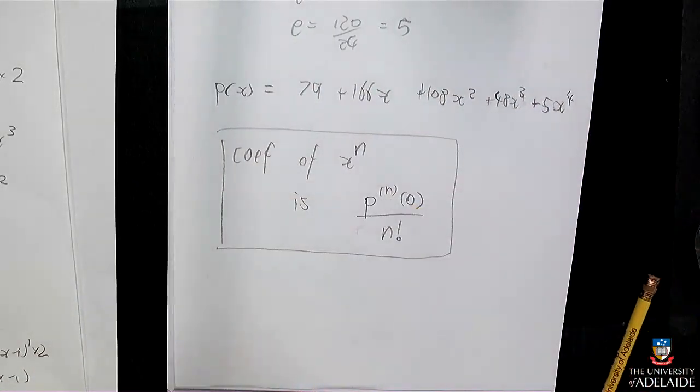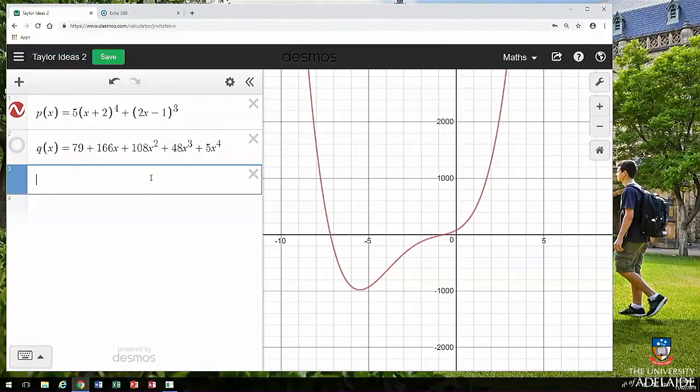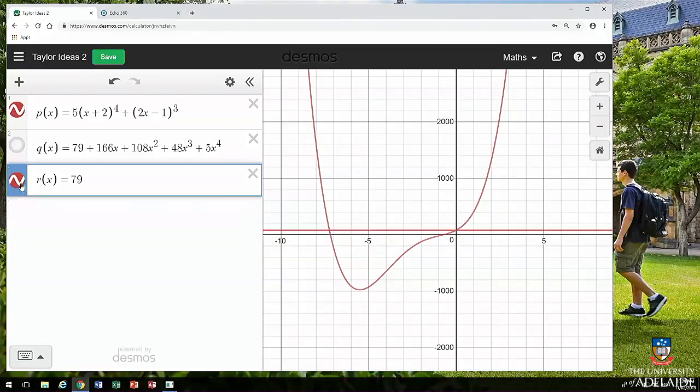Okay. I just want to go back to my picture for a second and just check that this whole using the smaller derivatives thing actually works. So let's see what happens if I start typing this. Let's change the color.